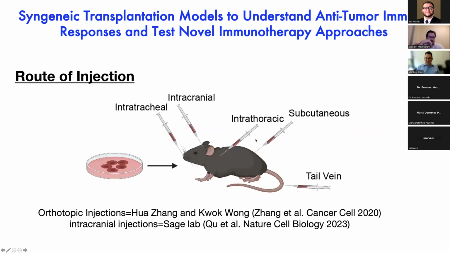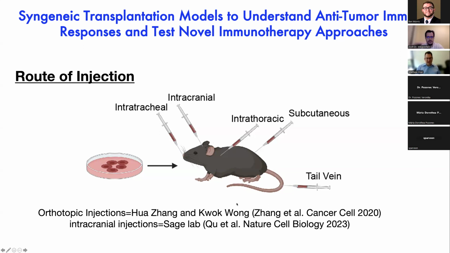But as you can imagine, in comparison to an autologous lung cancer, we're injecting these cells at different locations within the mice. The easiest thing to do is subcutaneous, but there are caveats to that, and the microenvironment is probably quite different from the lung. Different investigators, I'll just mention a couple of the studies here.